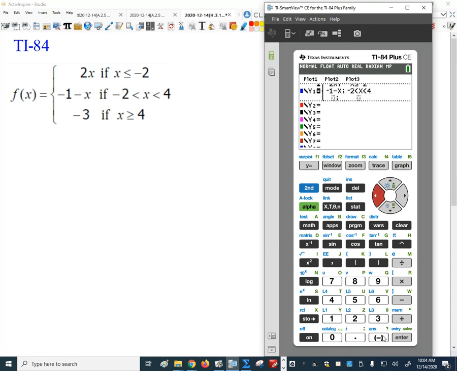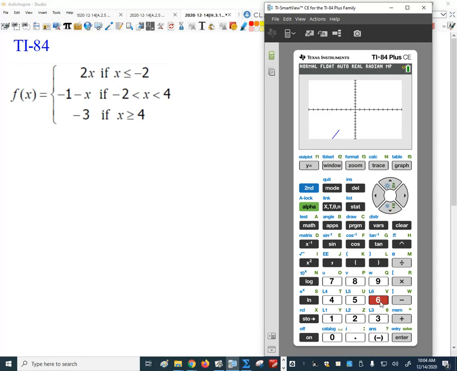And then the last piece is -3. Y is -3 when x is greater than or equal to 4. There we go. And if I hit zoom 6, there it is.